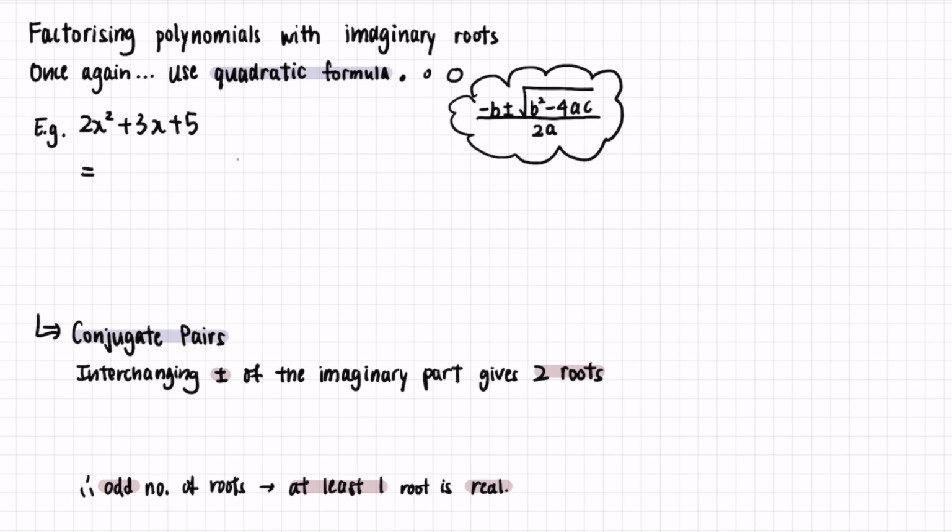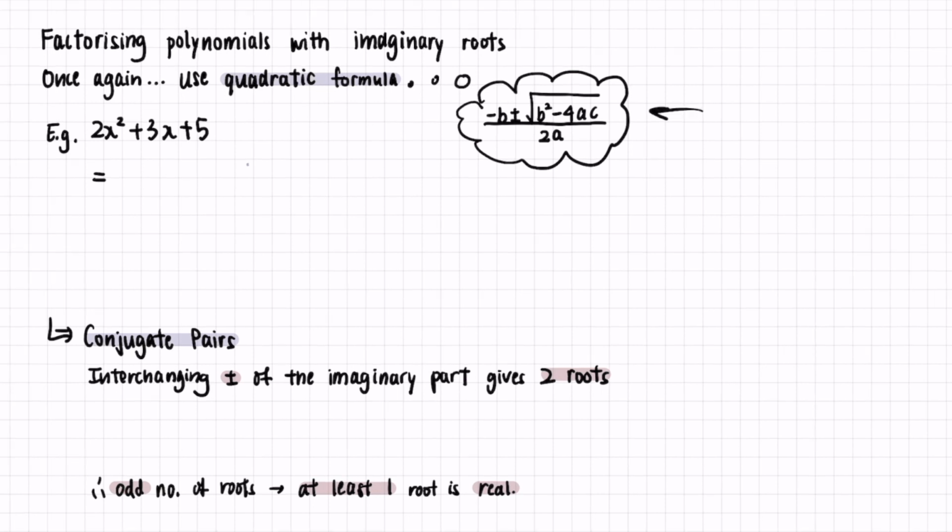So next, we need to know how to factorize these polynomials knowing that it has imaginary roots, because if it's real, you can factorize it using difference of 2 squares, or just factorize it by putting into brackets. But because quadratics with complex number roots cannot be factorized normally, we need to use the quadratic formula, which is this.